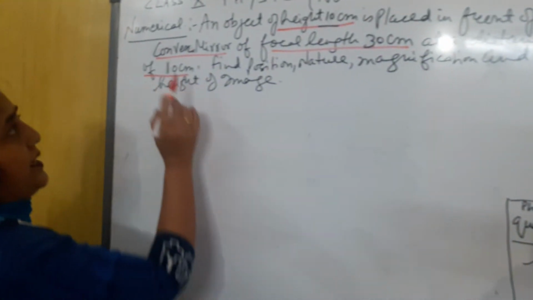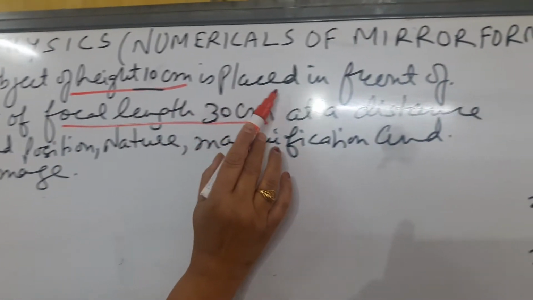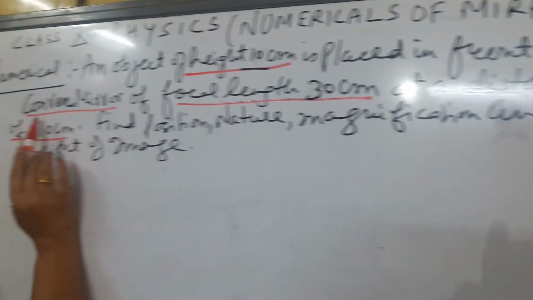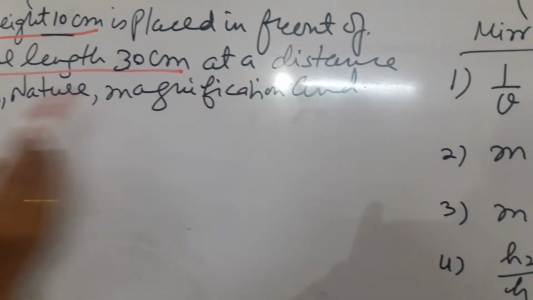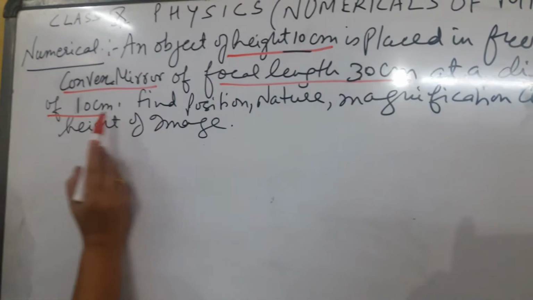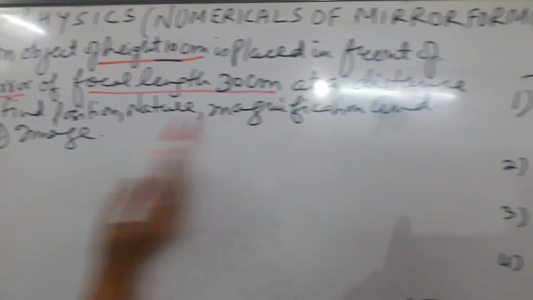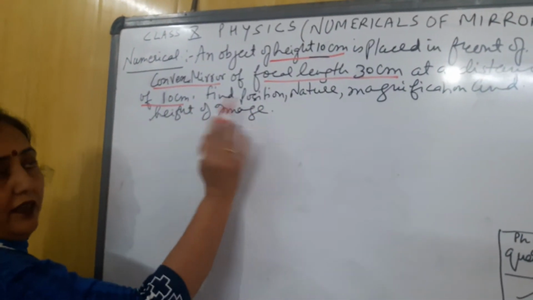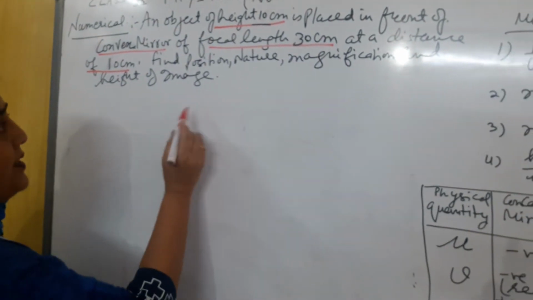Now another numerical. An object of height 10 cm is placed in front of a convex mirror of focal length 30 cm at a distance of 10 cm. Find position, nature, magnification and height of image. Again we will write down whatever physical quantities are given.